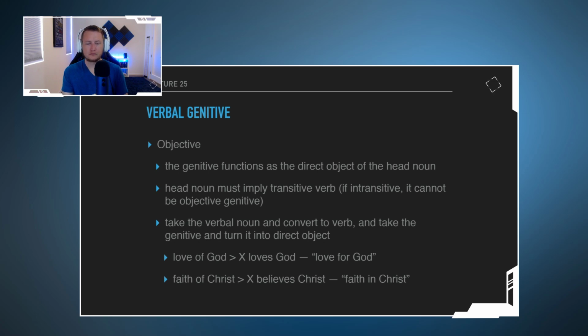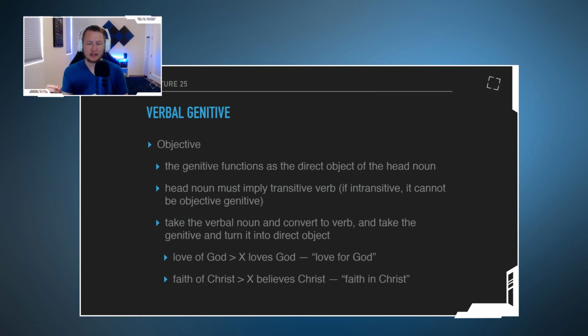Okay? Now let's look at faith of Christ. We just saw this in the subjective genitive. Well, if you believe it's objective, your translation will change. Faith is the noun with an intransitive verb. Belief in. So you make that the verb believes. Of Christ becomes the direct object. Believes Christ. So blank believes Christ.